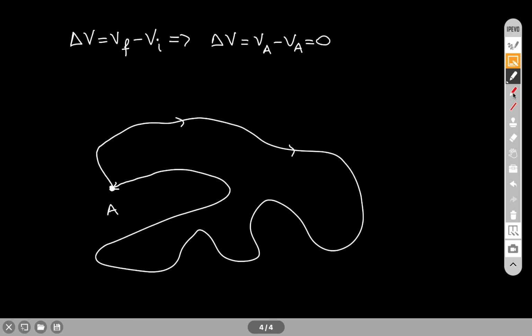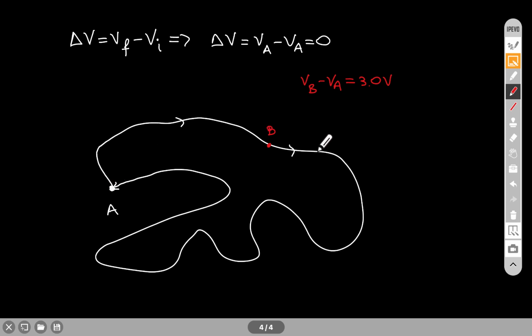Now, why is this useful? How can you use it? Here is one way that you can use it. Let's say this is point B. Somebody tells you VB minus VA is 3 volts, and to do this, I went from A to B, I took this path.